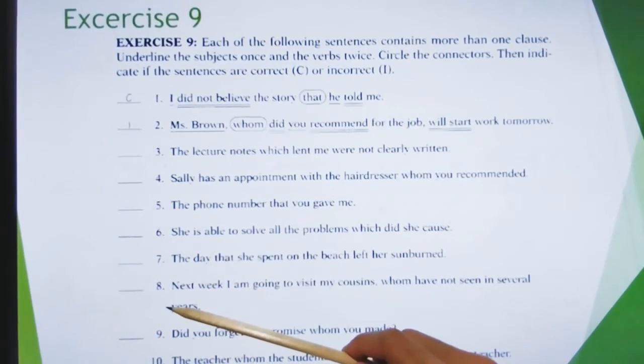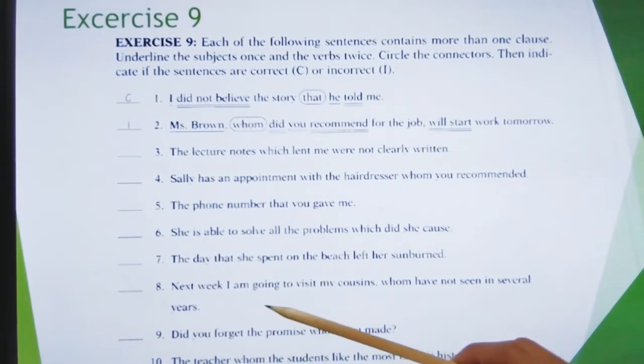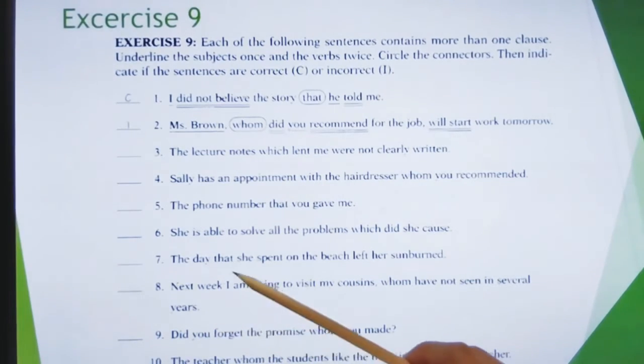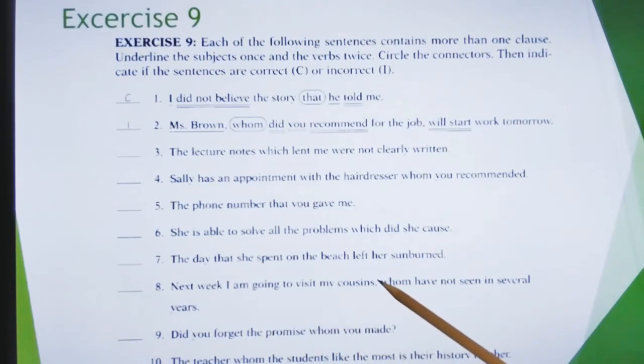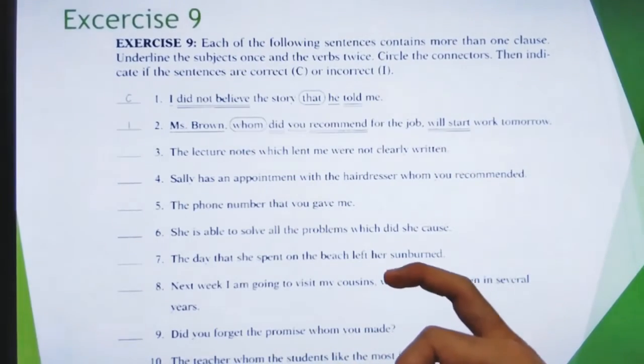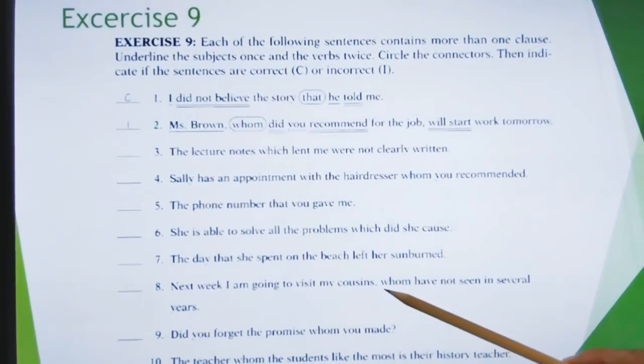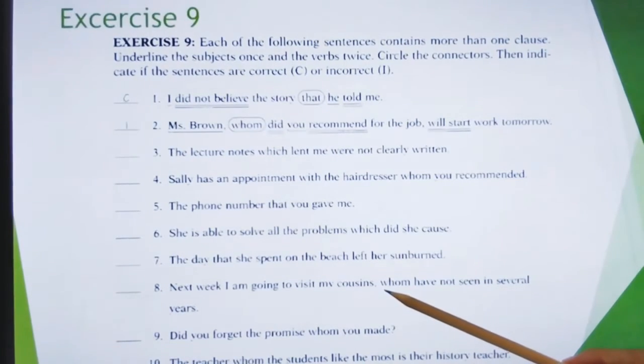And for number 8, next week I'm going to visit my cousins whom have not seen in several years. Next week I'm going to visit my cousin. If we just omit this, we could still have a good sentence, but please pay attention. Is it correct or incorrect for number 8?